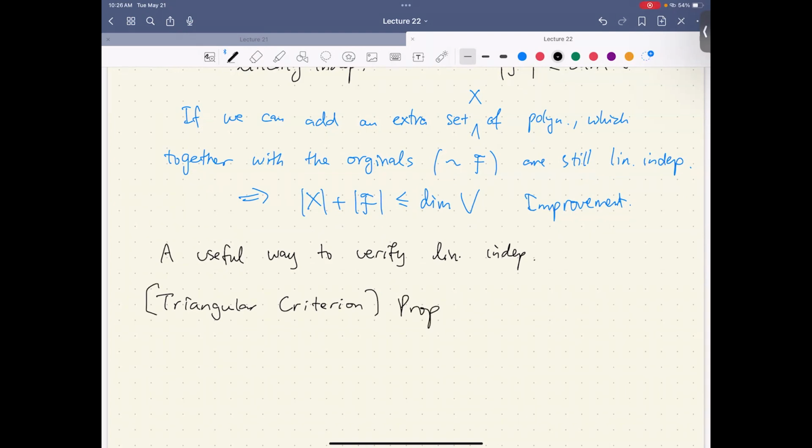The proposition says: let f1, f2 to fm be functions in a linear space.